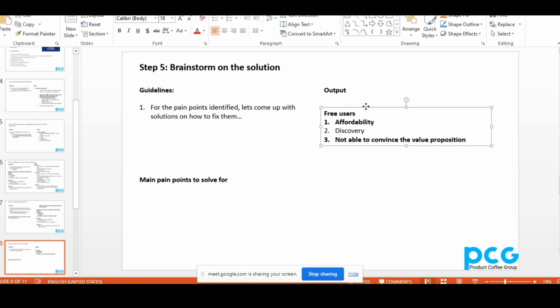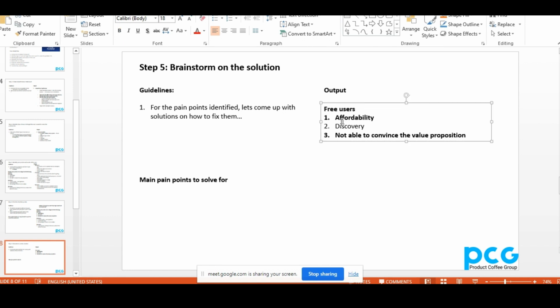Okay, moving on. Let's brainstorm on solutions, what all features we can come up with, product-driven solutions to remove these pain points. First one is affordability. What are things we can do, guys? Pay per use. Okay, pay per use. Next.